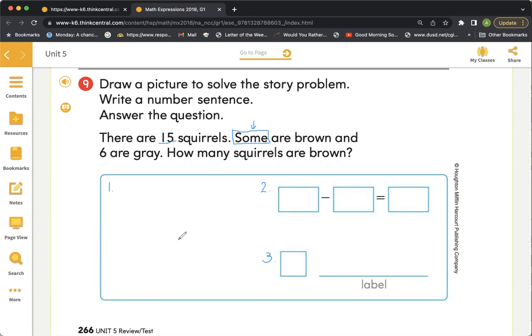This is just the way I would do it. Again, you can come up with a different way, but for drawing a picture, I'd probably start off with a math mountain, kind of like this. And I'd write maybe a G over here on this side for the gray. And I might draw 6 little circles to show my gray.